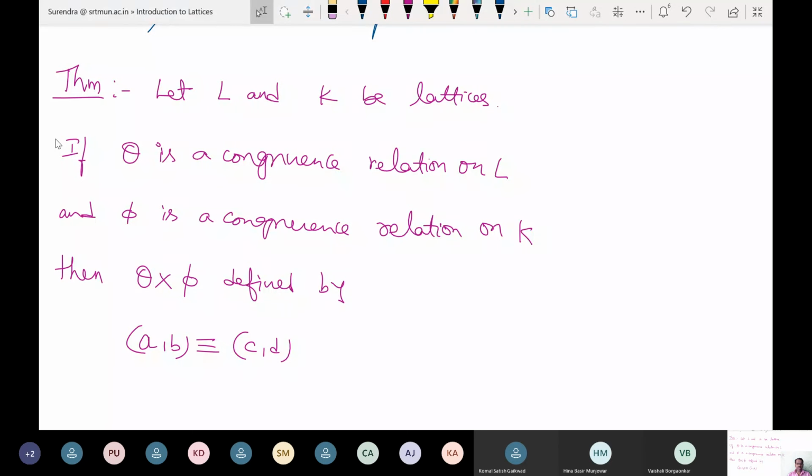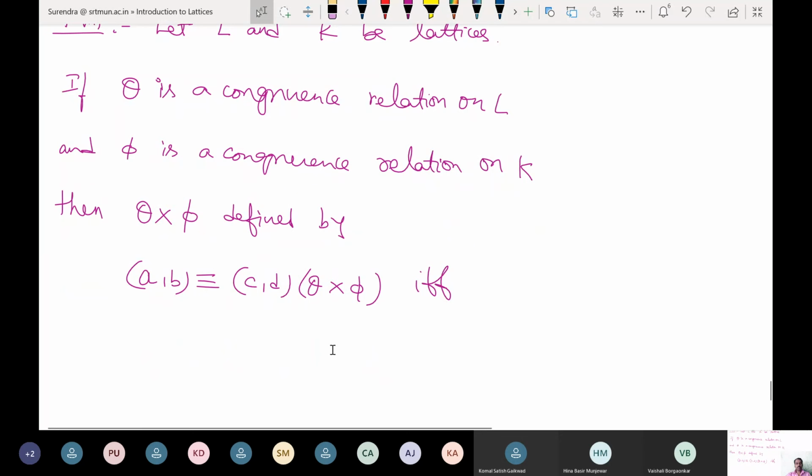They are congruent with respect to theta cross phi if and only if, what should be your guess, a is congruent to c modulo theta and b is congruent to d modulo phi. Whenever this happens, we say that (a, b) is congruent to (c, d) over this.